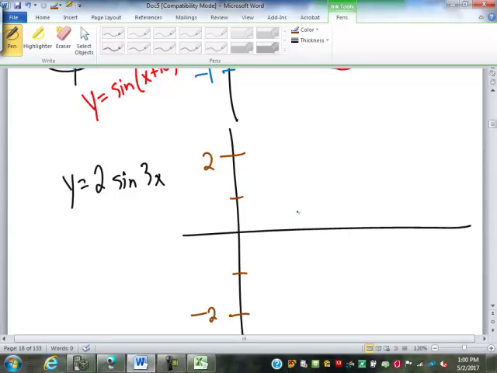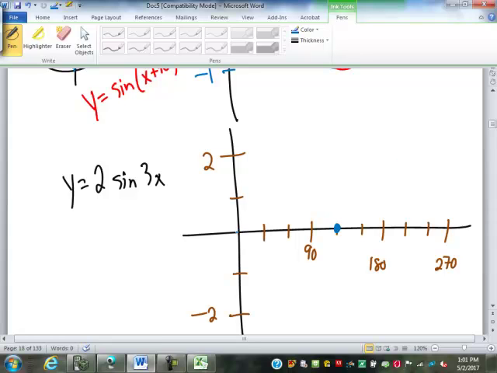Frequency of 3 or wavelength of 120. So I'm going to do this. 30, 60, 90, 120, 150, 180, 210, 240, 270. A complete cycle is 120. So a complete cycle will be right here.